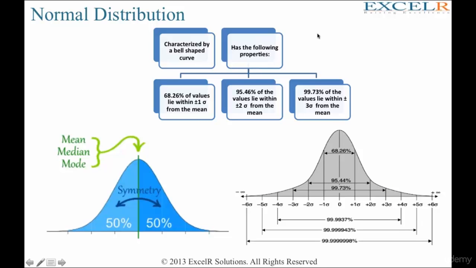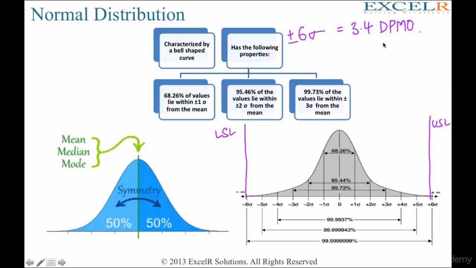On similar lines, you know that 6 sigma is a process improvement methodology, right? If you can fit plus minus 6 standard deviations between your lower specification limit and upper specification limit, then this process is said to be operating at 6 sigma. This is called 3.4 defects per million opportunities.